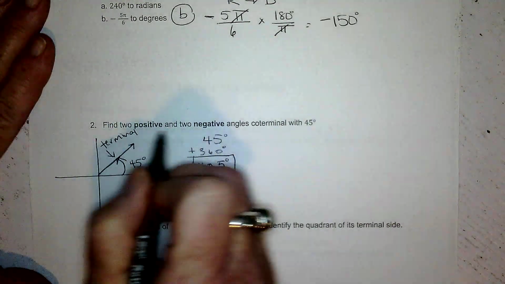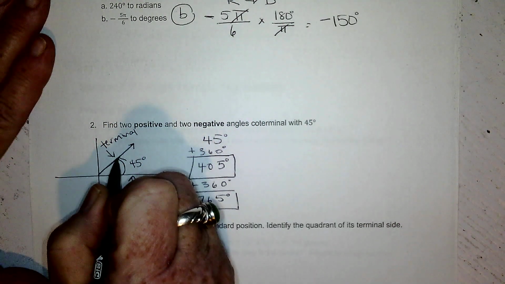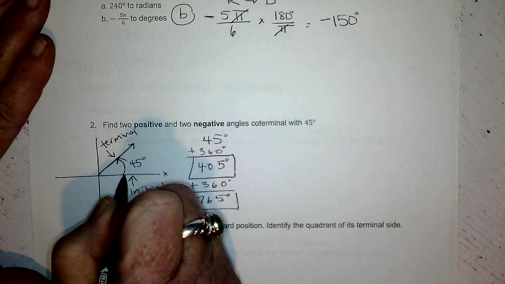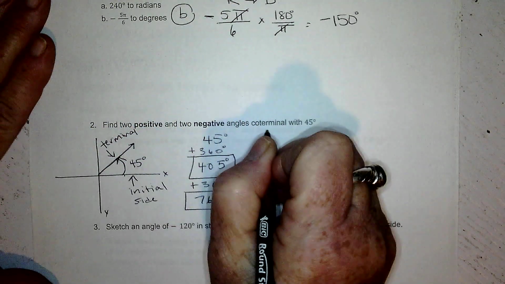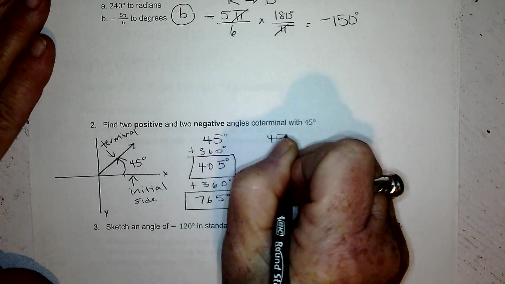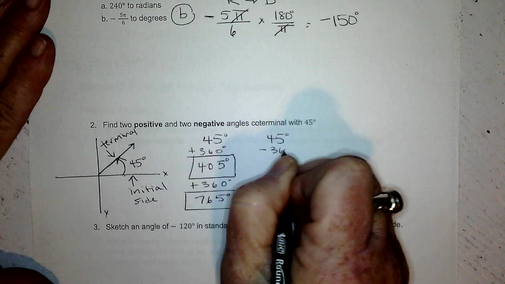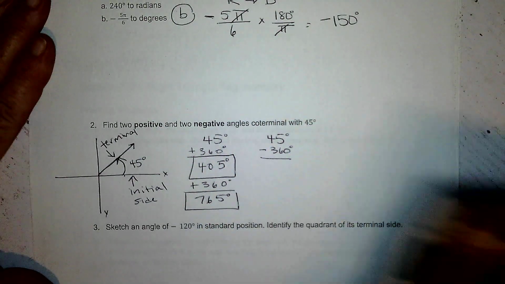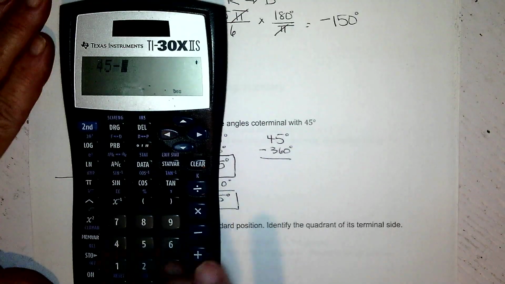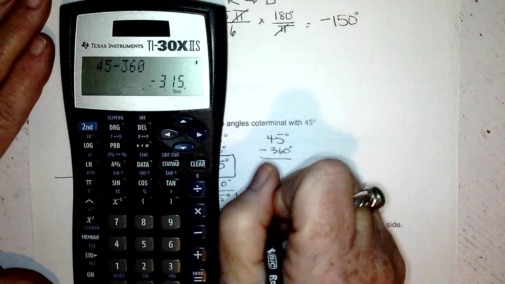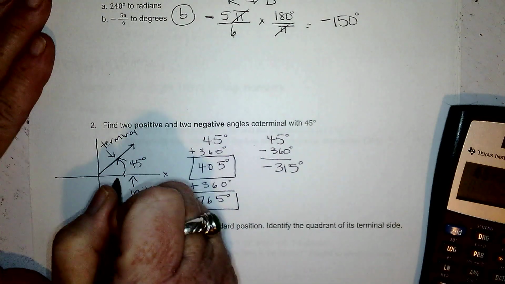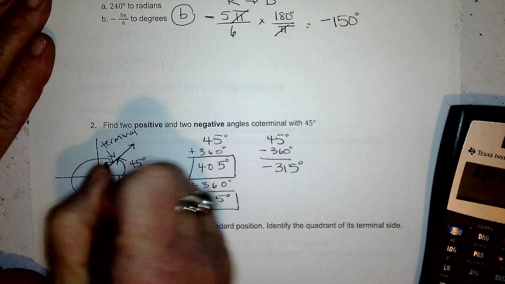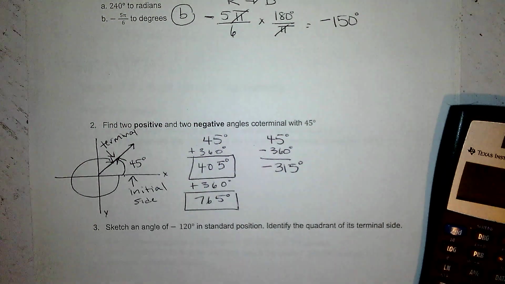Okay. Now to get 2 negative angles, I'm going to start from here and go around. Well, that would be 45 degrees minus 360. I'm going to whip out my calculator for this one. So that would be negative 315 degrees. And that just means I went from this part around to here to end up on the terminal side.